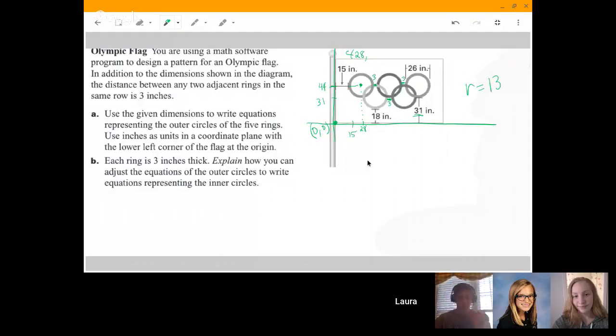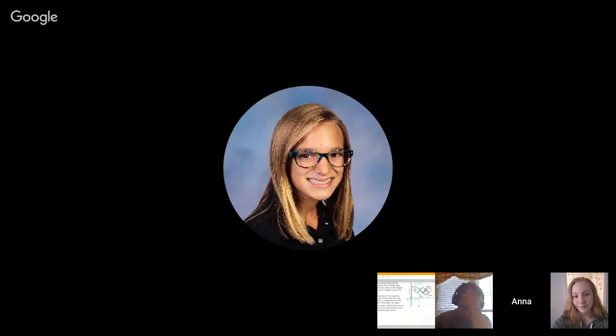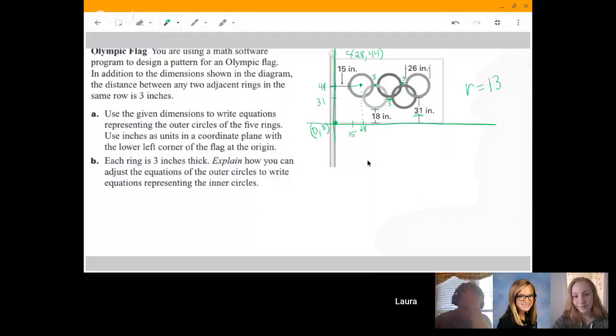So the center of the top left circle would be 28 and then a Y value of 44. Make sense? All right. So then we can go ahead and write the equation for that first circle because we have the standard form. I'll write it over here in this little spot: x minus x1 squared plus y minus y1 squared equals radius squared.